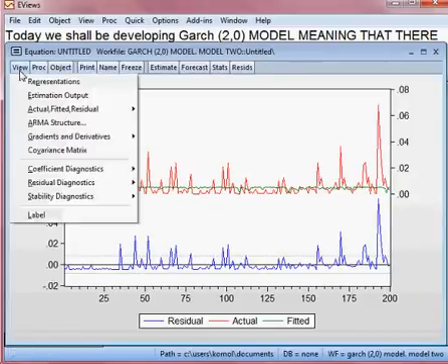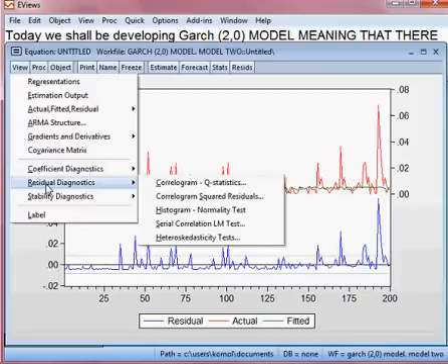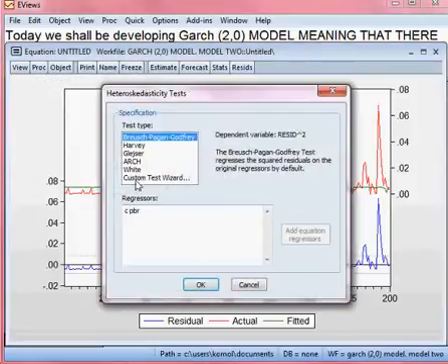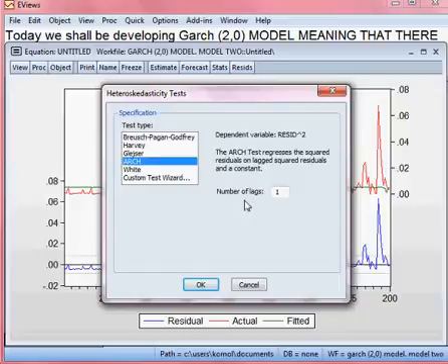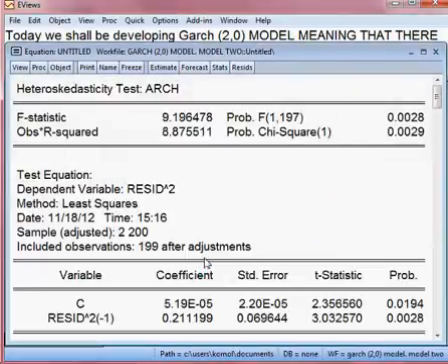I go to View, then Residual Diagnostics, then Heteroscedasticity Tests right here. Then I choose ARCH effect and I choose number of lags 1, right? Then I press OK. Okay, so it is the ARCH test.